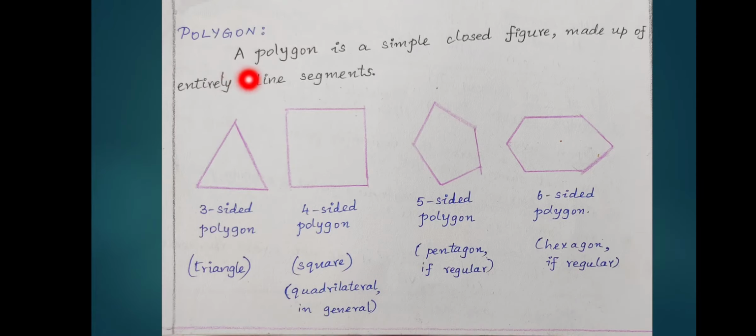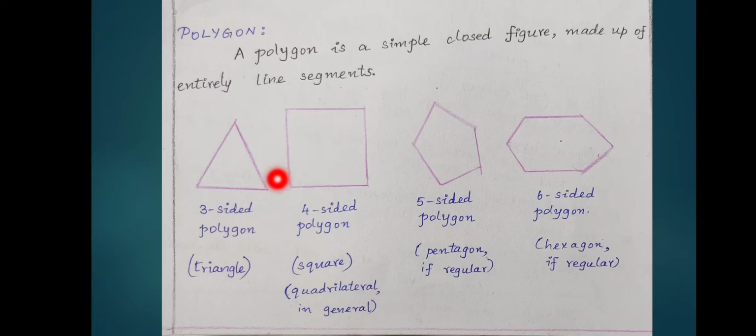Polygon. What is a polygon? A polygon is a simple closed figure made up entirely of line segments. So, a polygon should be a simple closed figure, but with a condition. What is the condition? That figure should be made up of completely line segments.